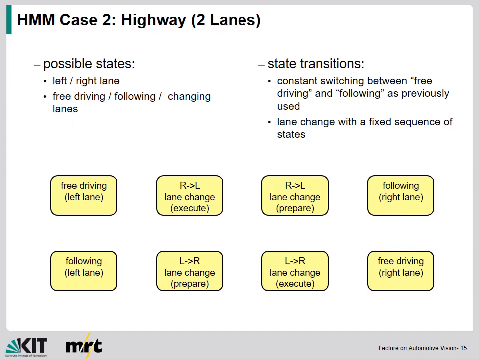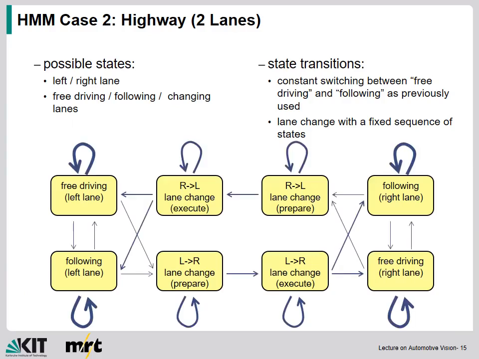Furthermore, we have lane changing states, and to be able to distinguish a preparation phase and an execution phase, I've split these lane changes into 2 separate states, namely a lane change preparation state and a lane change execution state. And of course these states exist for lane change from right to left, and they exist for lane change from left to right, so that we come up in total with 8 different states.